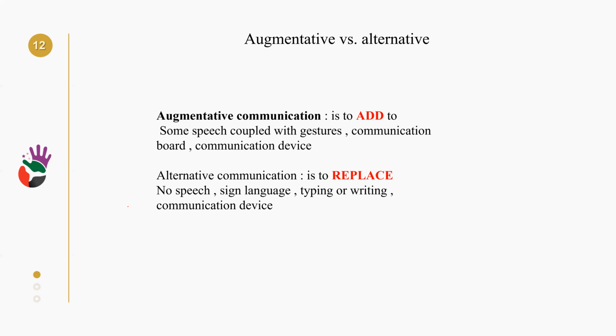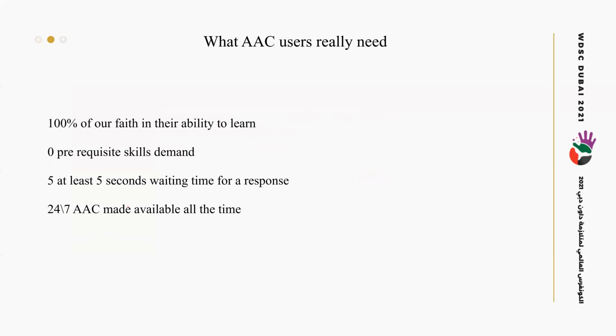I want to understand if I want to add to his speech or gesture, or if I want to replace something. Alternative means replacing speech with sign language, typing, writing, or communication devices, where he will completely rely on the device. Augmentative means adding more speech, which we can use to facilitate or improve his expressive language.